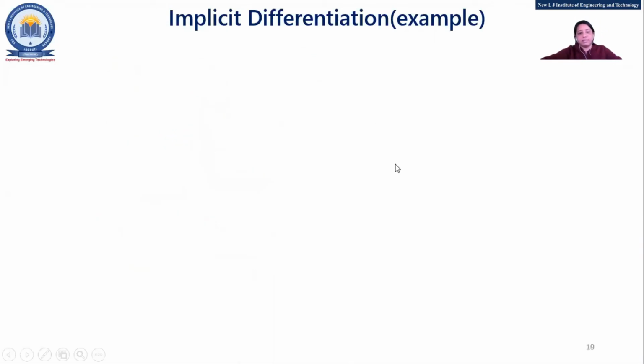So the second example is, they'll say, fx is y log cos x equal to x log sin y. Find out dy by dx.